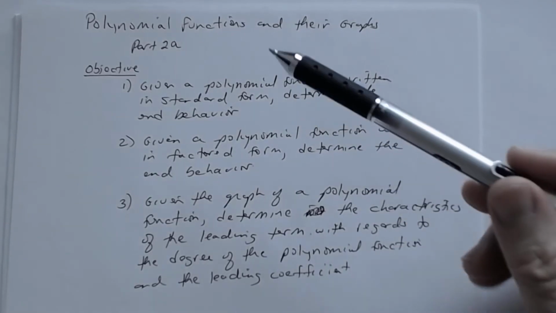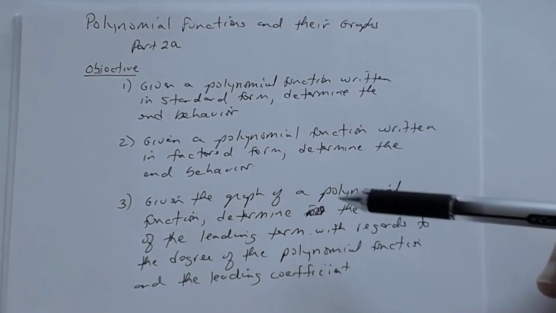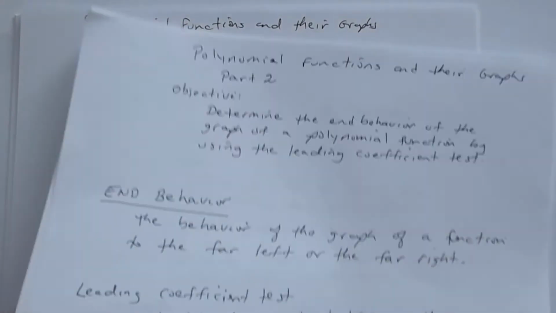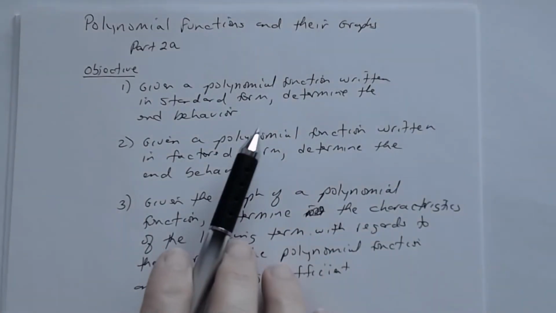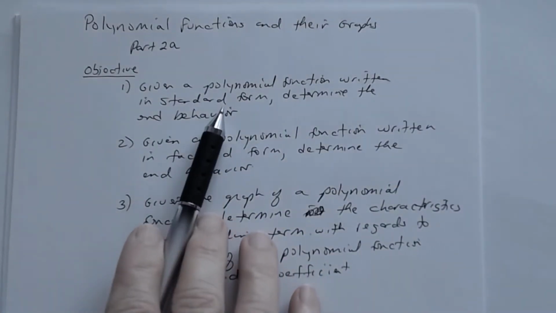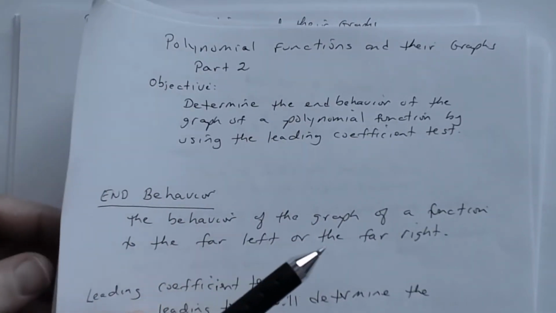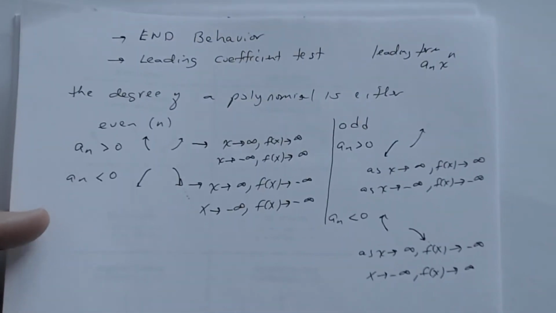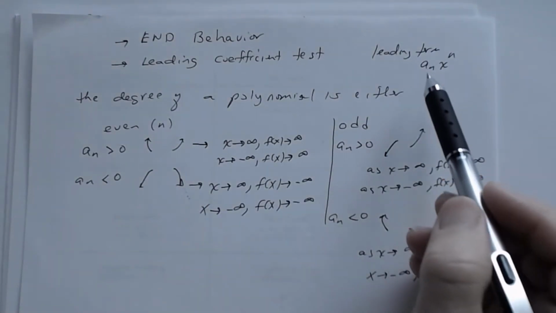Before we go into the problems we're going to work out, you need to make sure that you did study part 2. The prerequisite for doing part 2A is to have studied part 2. One of the things we talked about in part 2 was end behavior and how to determine it. Remember, we looked at the leading term.